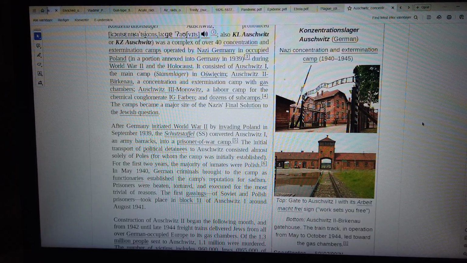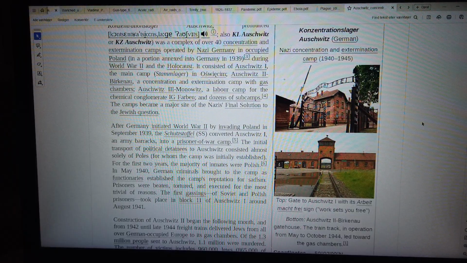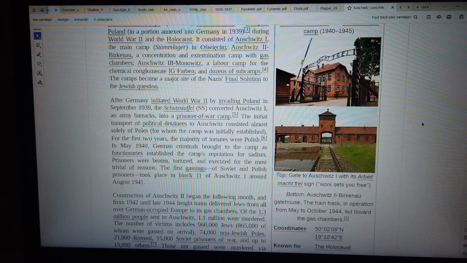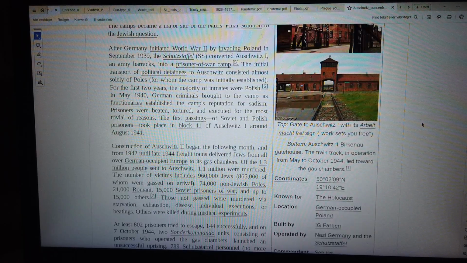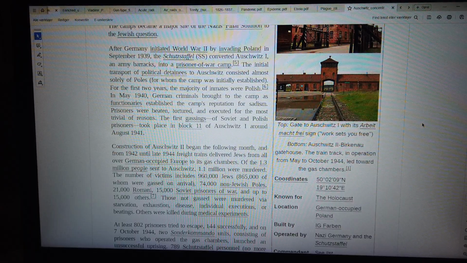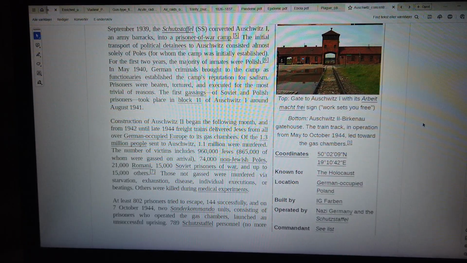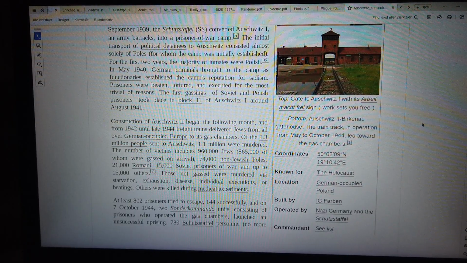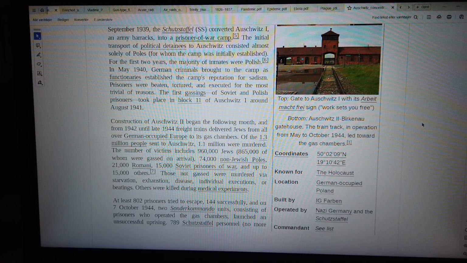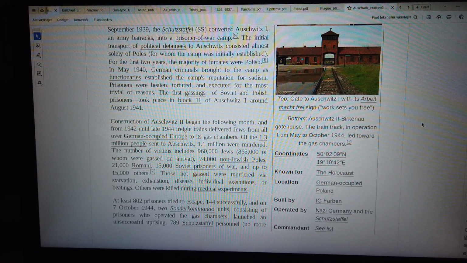Top: Gate to Auschwitz I with its Arbeit Macht Frei sign, "work sets you free." Bottom: Auschwitz II-Birkenau. The train track, in operation from May to October 1944, led to the gas chambers. Known for the Holocaust. Location: German-occupied Poland. Built by IG Farben, operated by Nazi Germany and the Schutzstaffel.